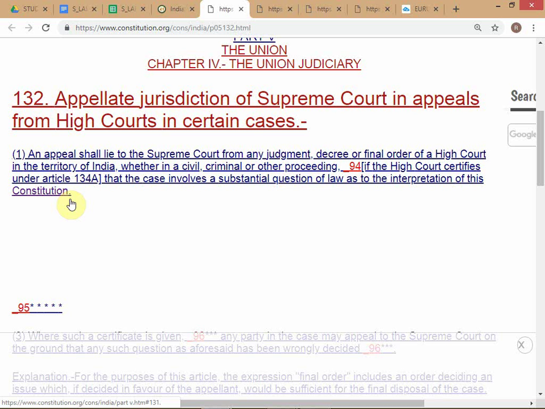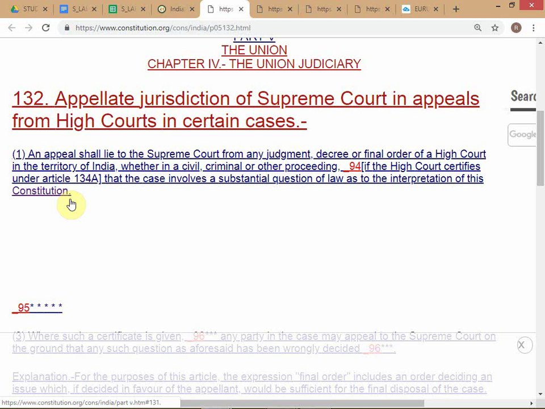If it's a constitutional question that is involved, then the High Court will certify under 134A by reference to 132. So 132 is talking about questions related to the interpretation of the Constitution. If the High Court feels that the case they have decided involves a constitutional question, then they will certify it.